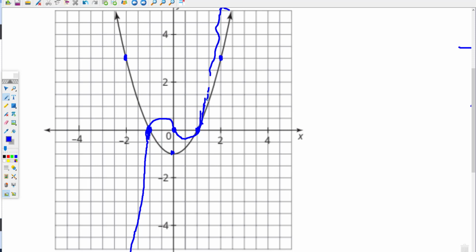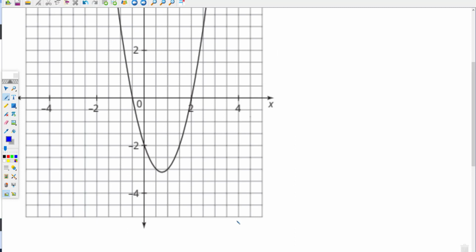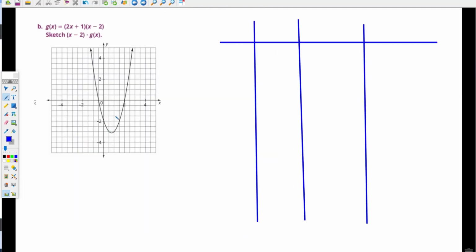And I want to help you get this chart going on the next one. And then I want you to work on the next 3 for homework. So we have x and y, so we need to come with some ordered pairs.